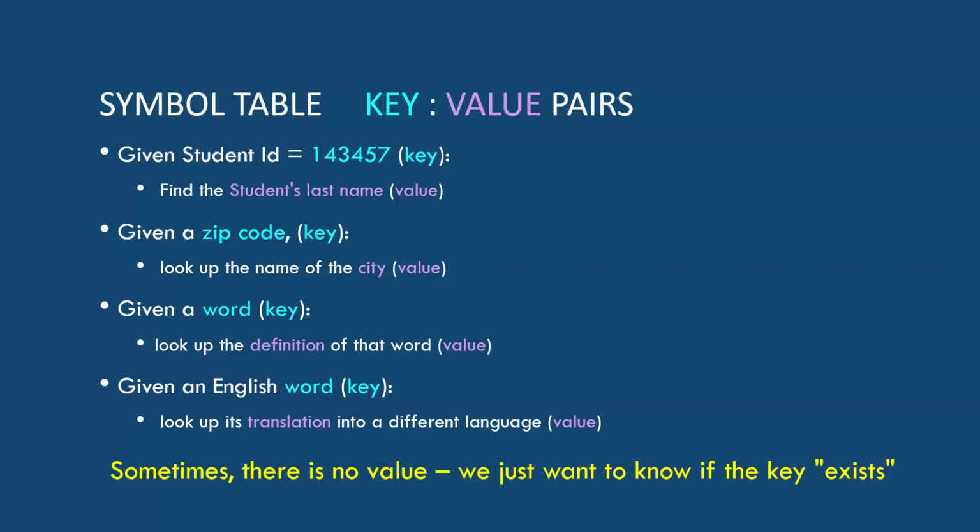Now, if there is no value, and we're just sort of checking to see a collection of things, then we tend to refer to that as a set. So in coding terminology and a variety of other programming languages, if there's no value, we think of that as a set.